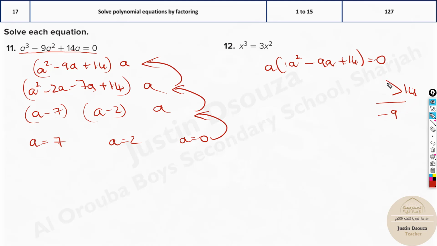So 14, I can remember it's 7 times 2, because it's not a common number to have many factors. So 7 and 2 I can easily tell, and it becomes 9, but it should be minus 9, so add minus and minus. That's the answer. So here it'll be A, and the factors of this will be A minus 7, A minus 2.